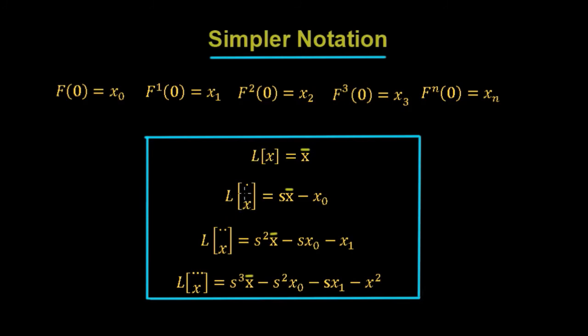The Laplace transform of x derivative will therefore be s x bar minus x0. The Laplace transform of x double derivative will be s squared x bar minus s x0 minus x1, and the Laplace transform of the third derivative is equal to s cubed x bar minus s squared x0 minus s x1 minus x2.